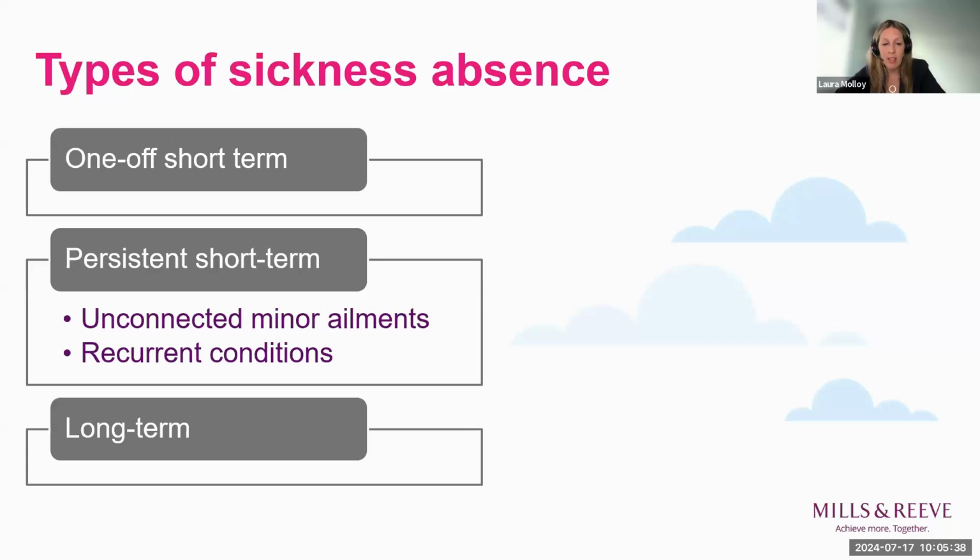And then you have absences that are short-term but more persistent, which tend to fall into two categories: either regular absences for unconnected minor ailments, so somebody's off quite a lot for short amounts of time for things like coughs, colds, stomach bugs, or persistent short-term absence that is due to a recurrent condition. So they're off a lot, but it might be because of the same reason.